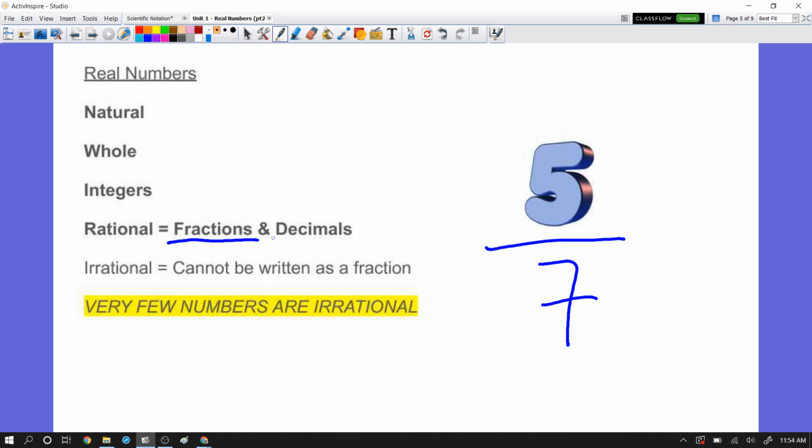Okay? So if it can be written as a fraction, then it's rational. It's not an integer, it's not a whole number, it's not natural, it's not irrational because it's written as a fraction. But it is a rational and fits in the real number system. So let's just go with, I mean, you could even run into stuff like this.